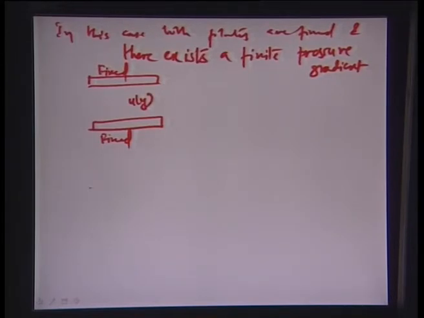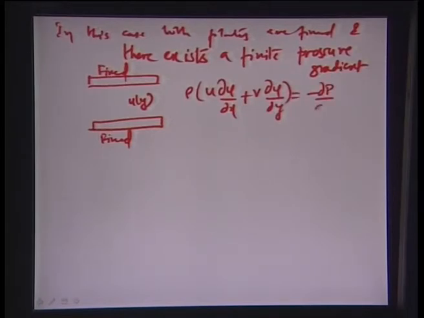From the conservation of momentum, the equation can be written as rho times u ∂u/∂x plus v times ∂u/∂y equal to minus ∂p/∂x, which is actually a finite amount, it exists in this case, plus the inertial term rho gx plus eta, the viscosity, times the shear term ∂²u/∂x² plus ∂²u/∂y².